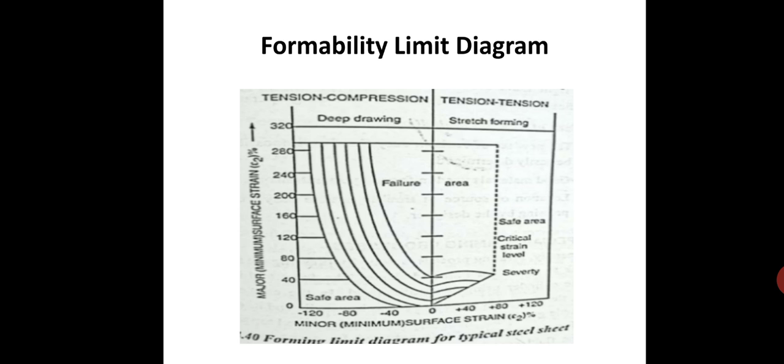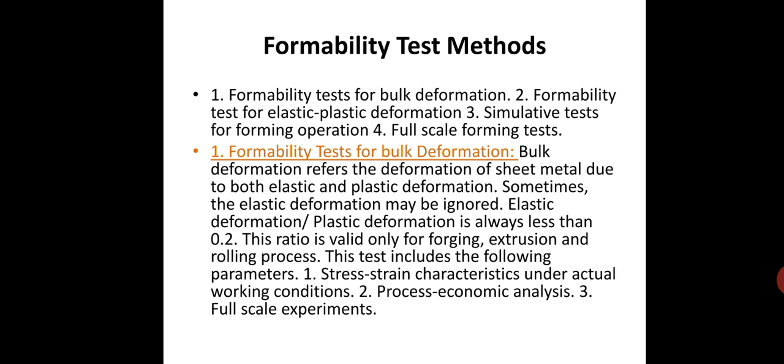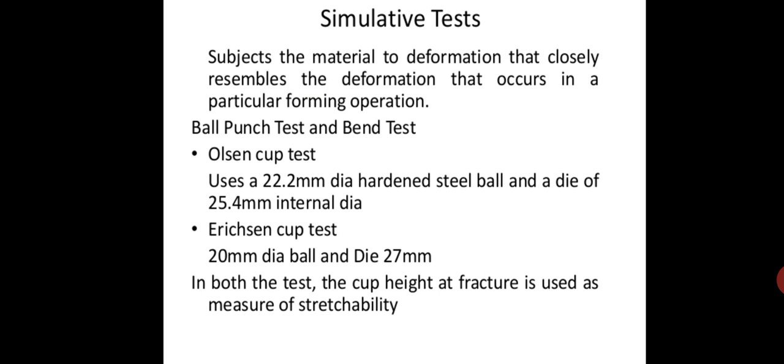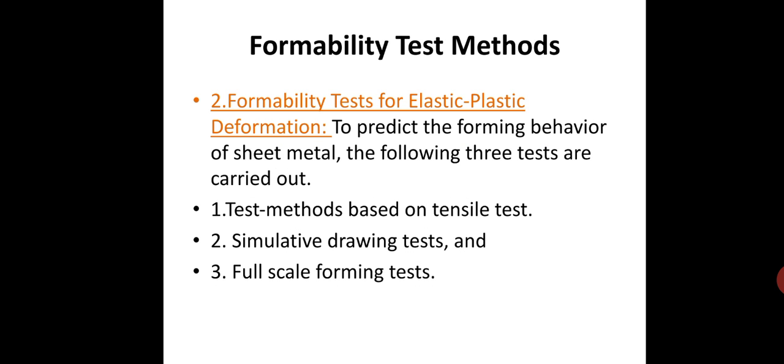These are all the various types of tests in the formability of sheet metal. First of all we see the various types of tests for bulk deformation, and the second one is the elastic plastic deformation. The elastic plastic deformation has three categories of tests.